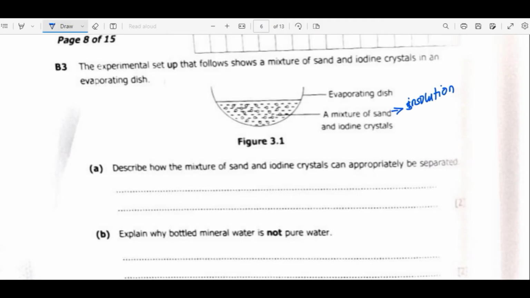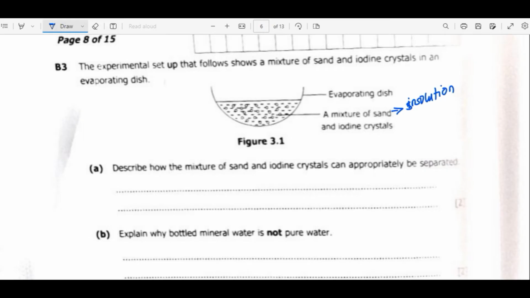Now this whole question was about the separation technique. The concept was about the behavior of iodine crystals. So how can we separate sand from iodine or iodine from sand?